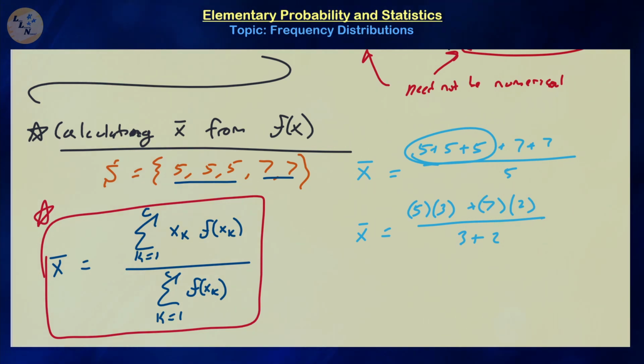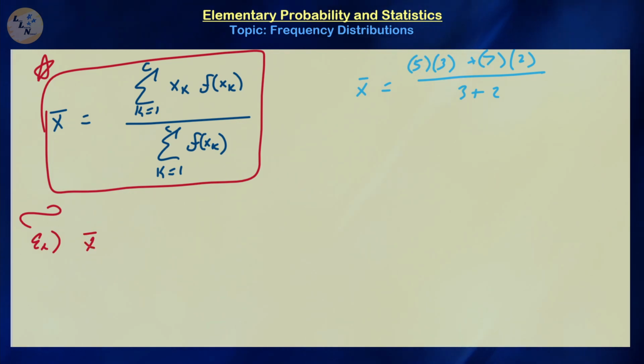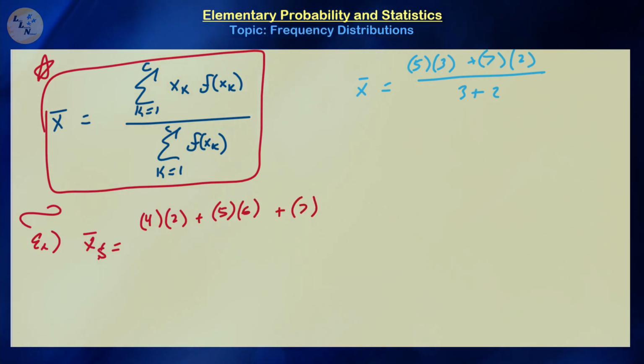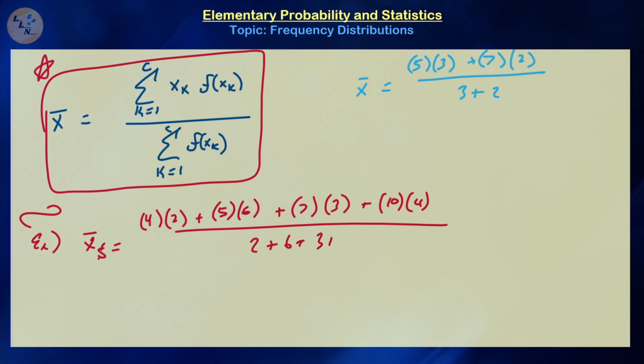So for example, if we go back to our original example with our larger data set, with 4, 5, 7, and 10, then the arithmetic mean of that particular data set is going to be equal to, so we had 2 4s, we had 6 5s, so 5 times 6, and then we're going to have 3 7s, and then we're going to have 4 10s, all over the sum of the frequencies, so 2 plus 6 plus 3 plus 4.